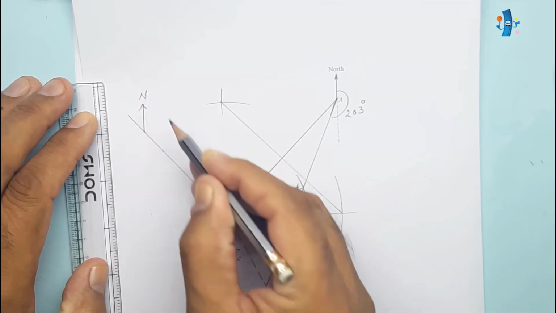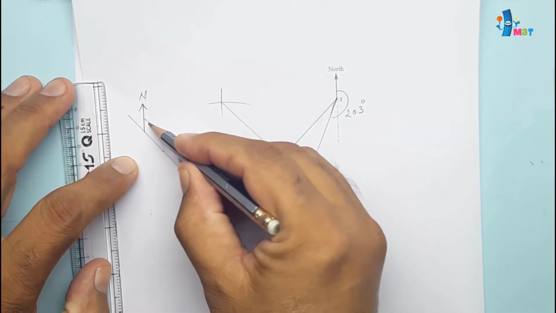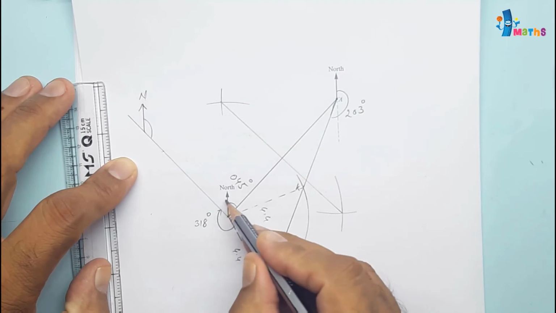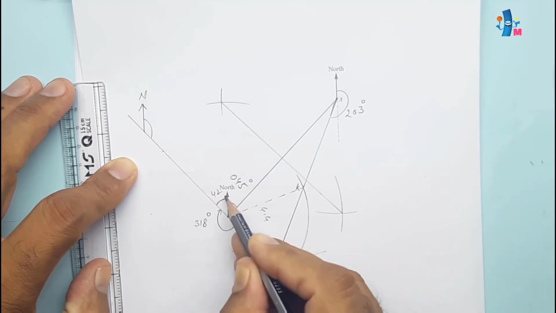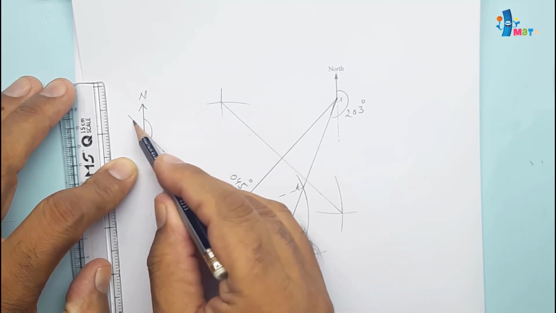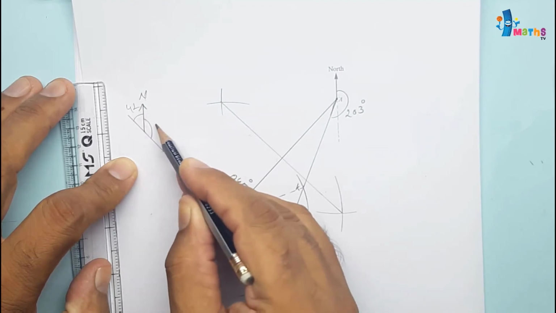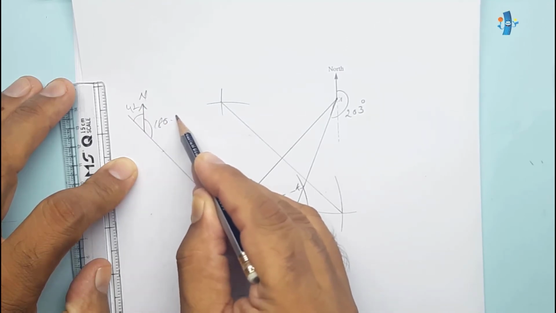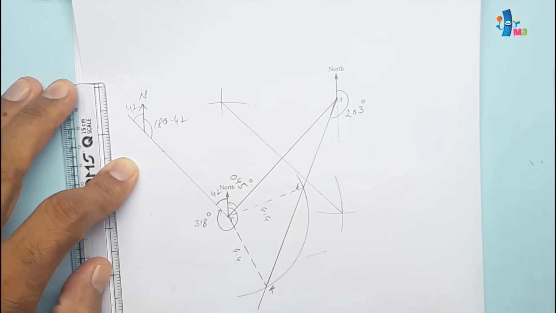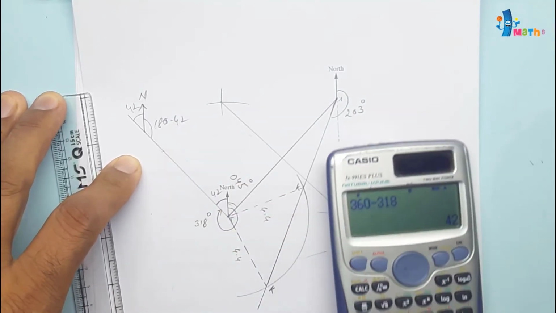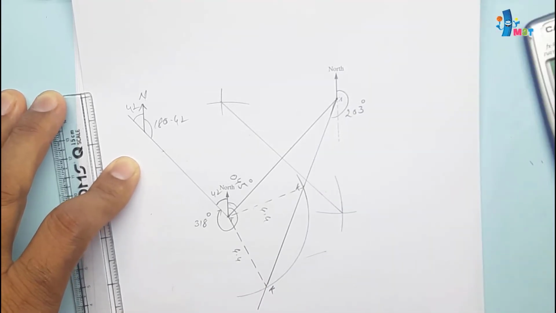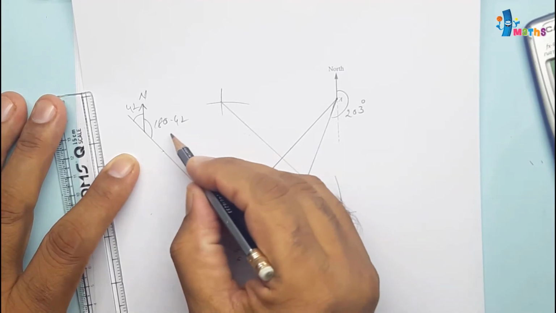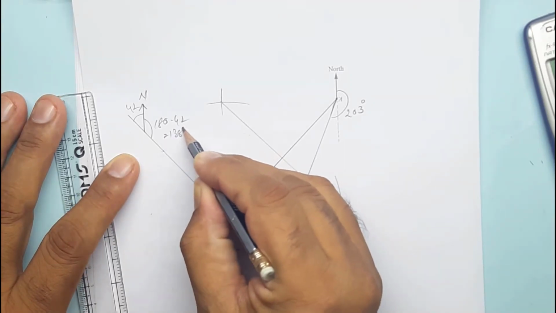This will be north. So we need this angle. So this one we have already drawn 42. So this will also be 42, and this one will be 180 minus 42. So 180 minus 42 will be how much? 180 minus 42 will be equal to 138. So this will be equal to 138 degrees.